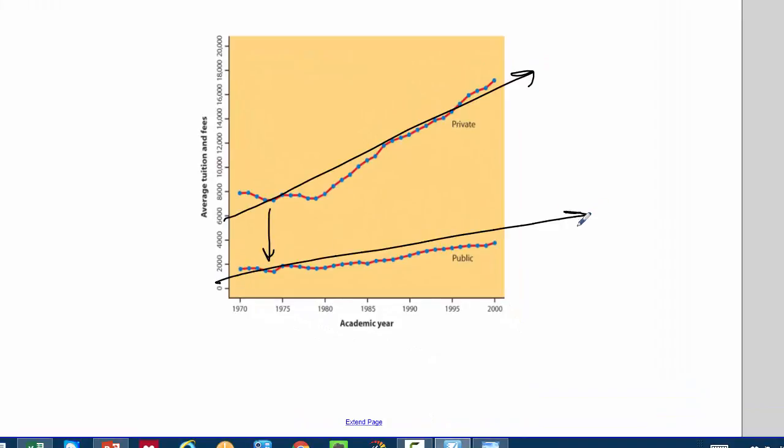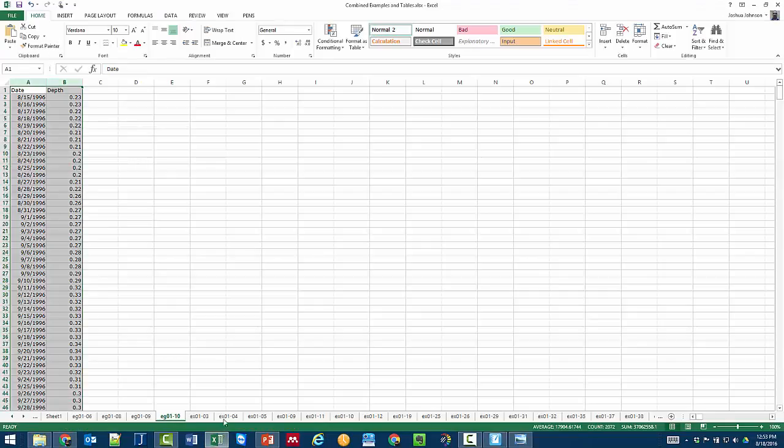But if you take a look at these trends and you think about your algebra, you can see that this has a much steeper slope, so it's rising at a faster rate than the public institution. Still rising though.